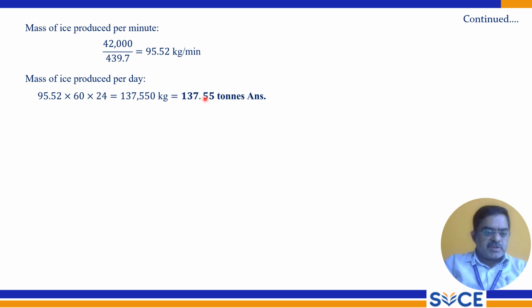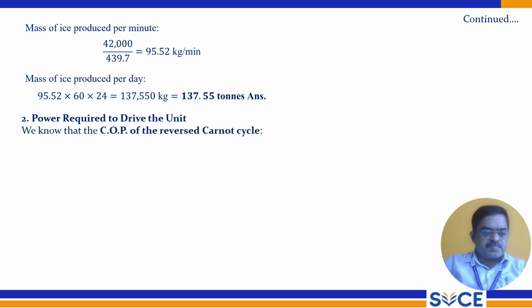So that is divided by 1000 equal to 137.55 tons. So that is the tonnage mass of ice produced per day.